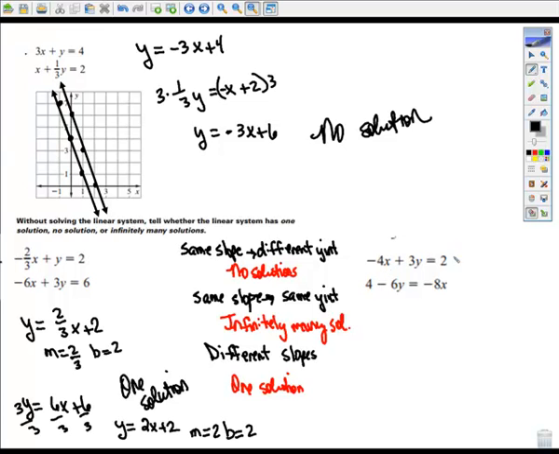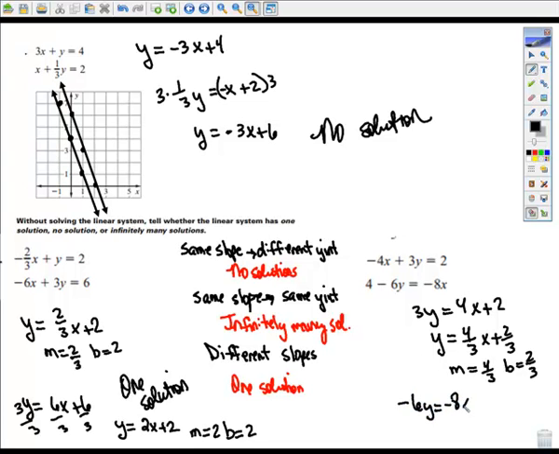And here I will add the 4x, so 3y equals 4x plus 2, divide by 3, so y equals 4/3 x plus 2/3. Slope is 4/3, y-intercept is 2/3. And here I will subtract the 4, so I get negative 6y equals negative 8x minus 4.